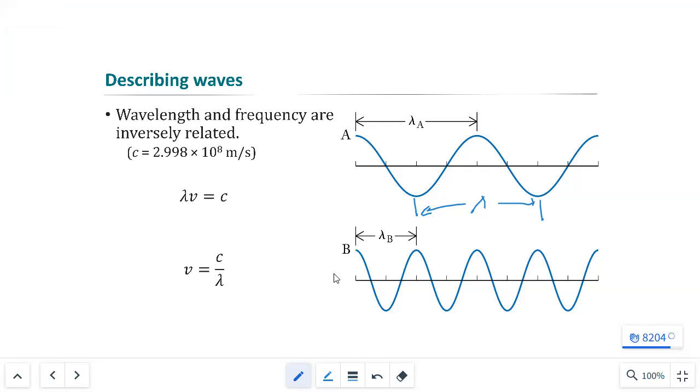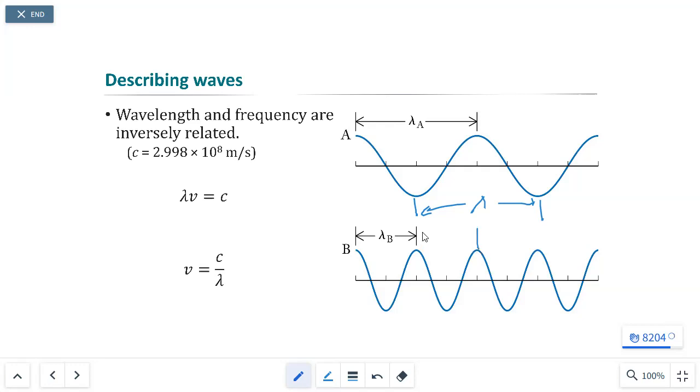One thing about electromagnetic light, wave particle or wave theory, if we are looking at a standing wave, the wavelength is consistent. So we can see that wave A here has a relatively long wavelength. Wave B here has a relatively short wavelength.